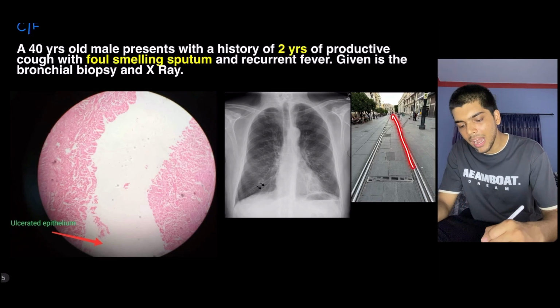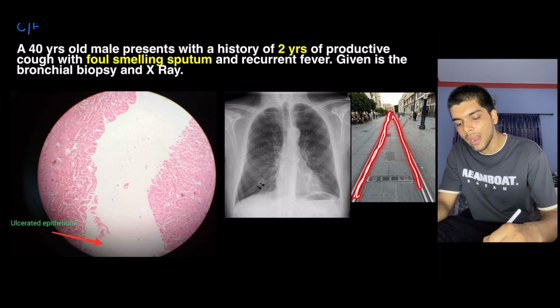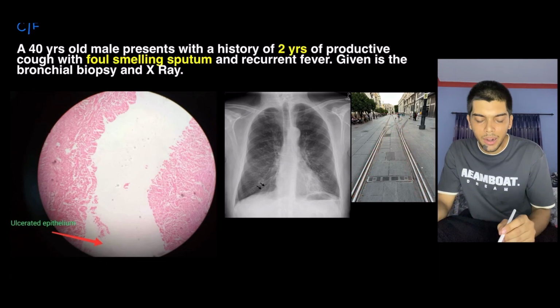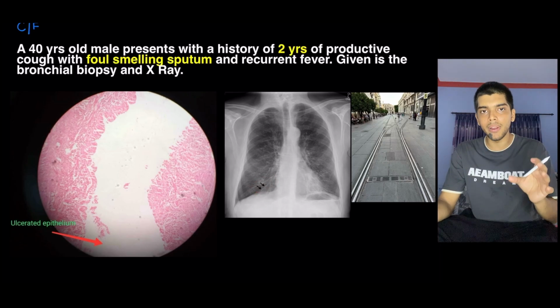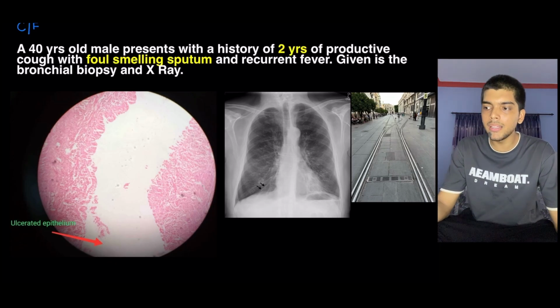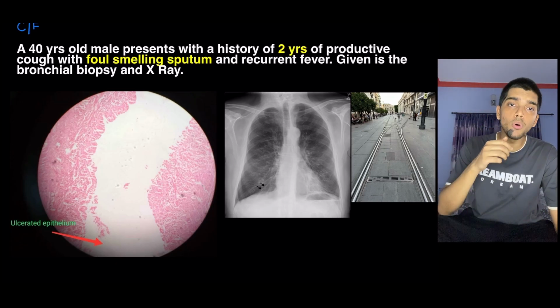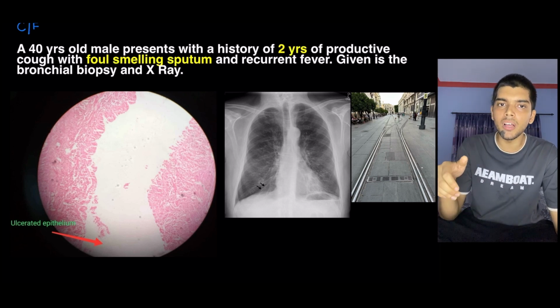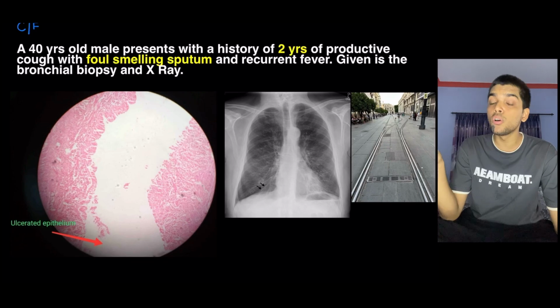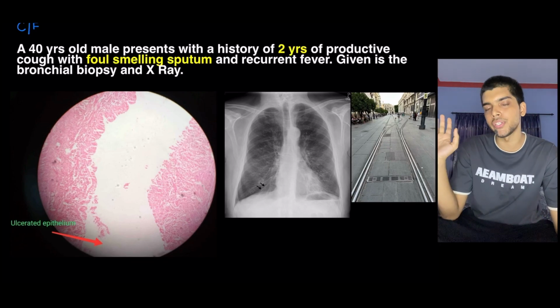These are the two tracks of the tram track arranged parallelly. Similarly, the bronchi and bronchioles are also visible, arranged parallel to one another. So that is the tram track appearance. Clinically, the patient presents with, most importantly, foul smelling sputum, and upon X-ray, the presence of tram track appearance. In chronic cases, there might be amyloidosis as well.